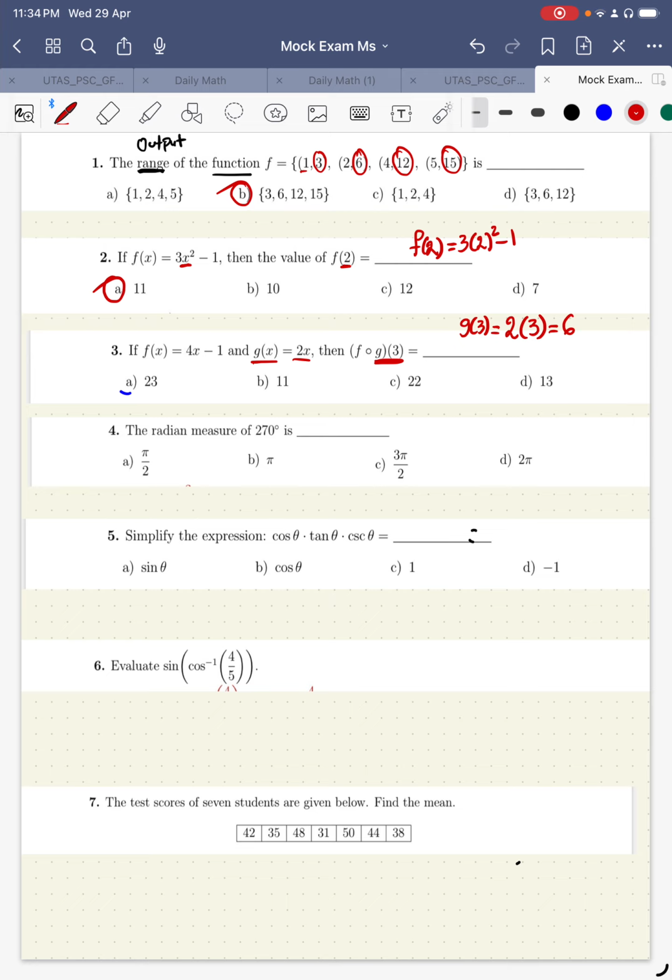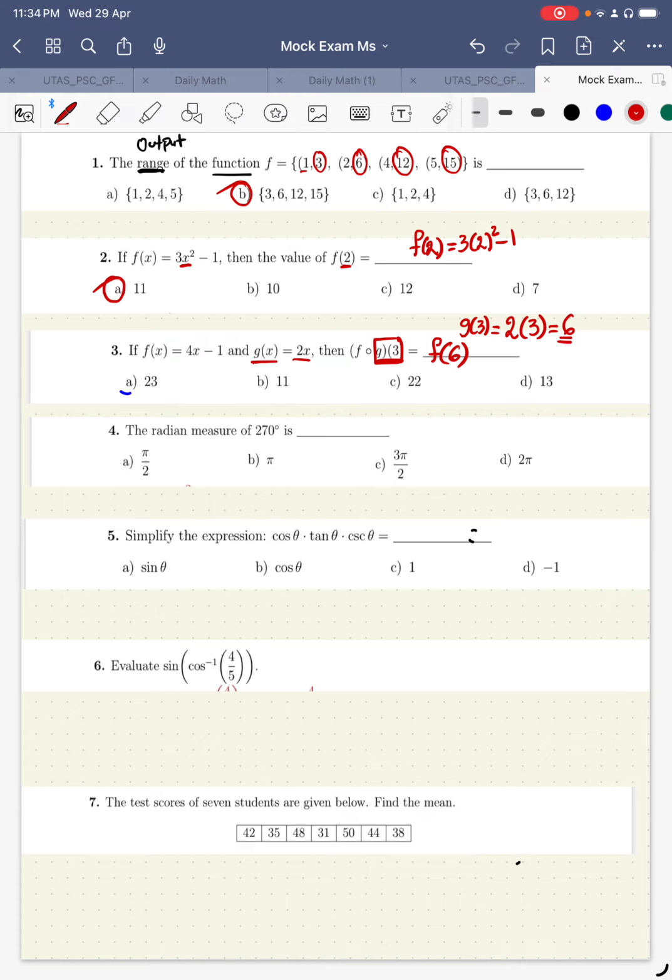However, remember, 6 is not my answer because I have two functions, an inside function and an outside function. Now that we've calculated the inside function, I'm going to continue with the outside function, which is f, and g of 3 becomes 6. We already found the answer here. So now I'm going to find f of 6.